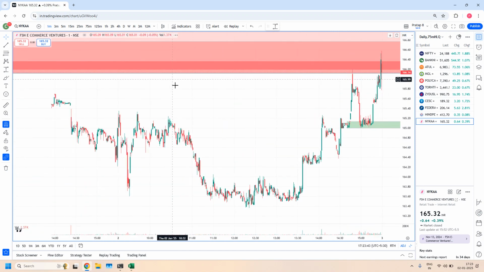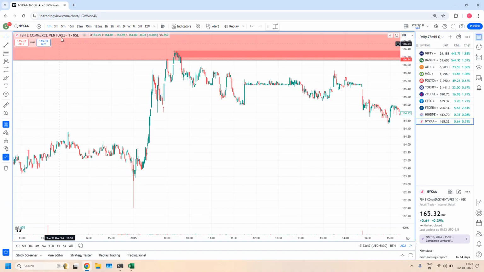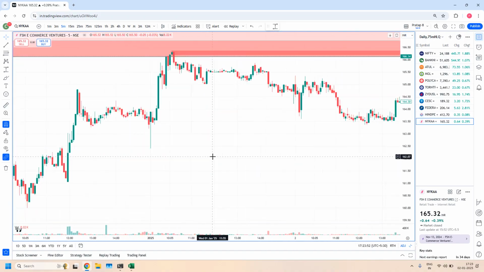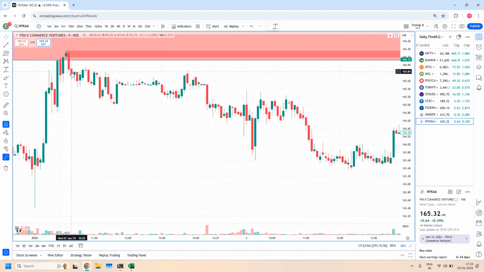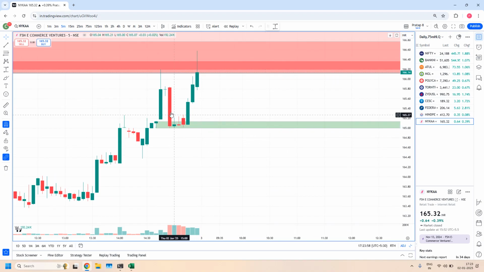Actually, this is the high liquidity zone, because the earlier 5 minutes structure is not very clear. So we took the recent rally base drop as a reference. Okay, so the trade is completed in just 10 minutes. You got the trade at 14:45 and completed at 14:55.